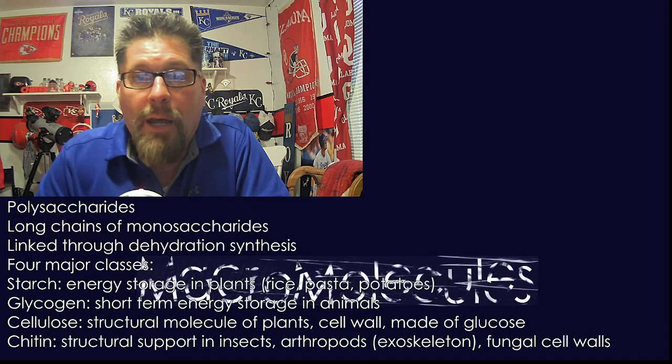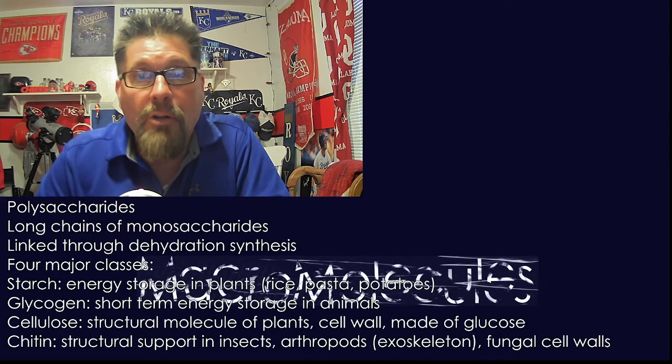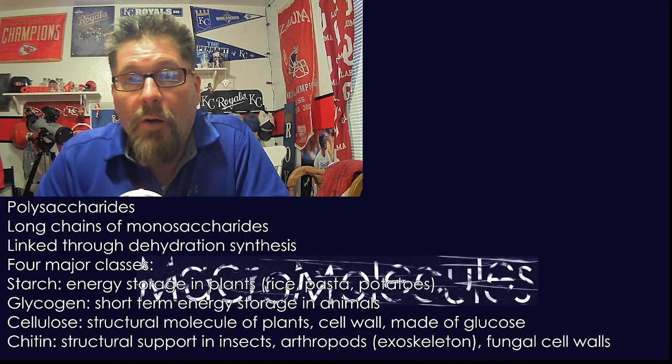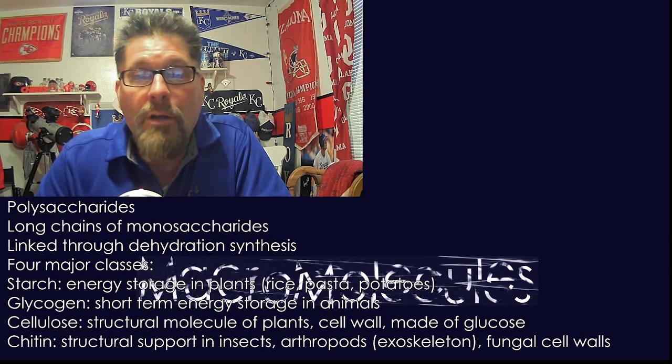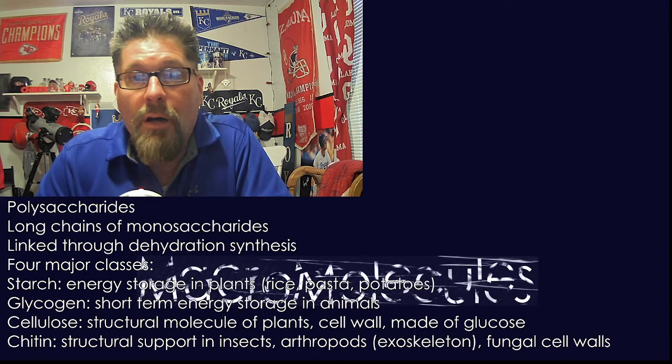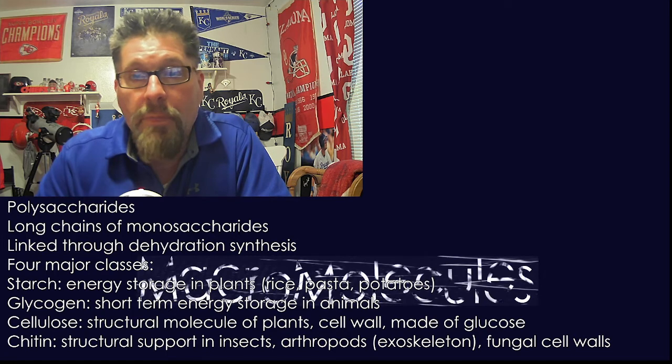A plant will make a glucose molecule, and then take several of those and build and convert it to a starch. We, as consumers, will come along and eat those food sources and take that energy molecule and convert it to glycogen for short-term energy storage in animals.